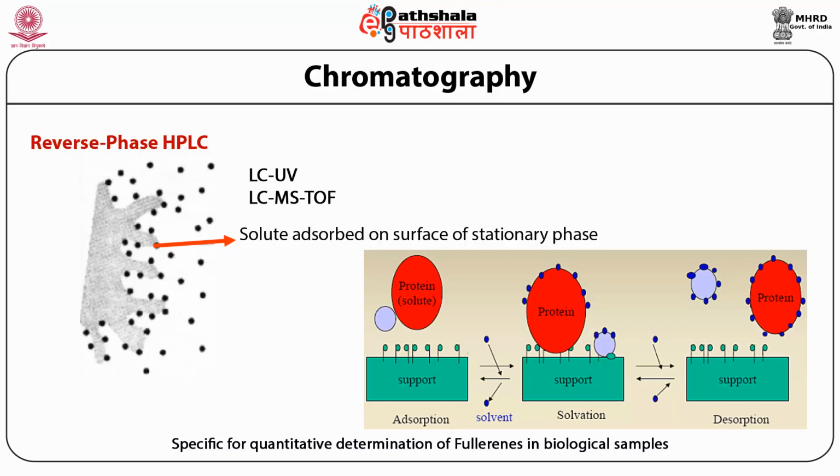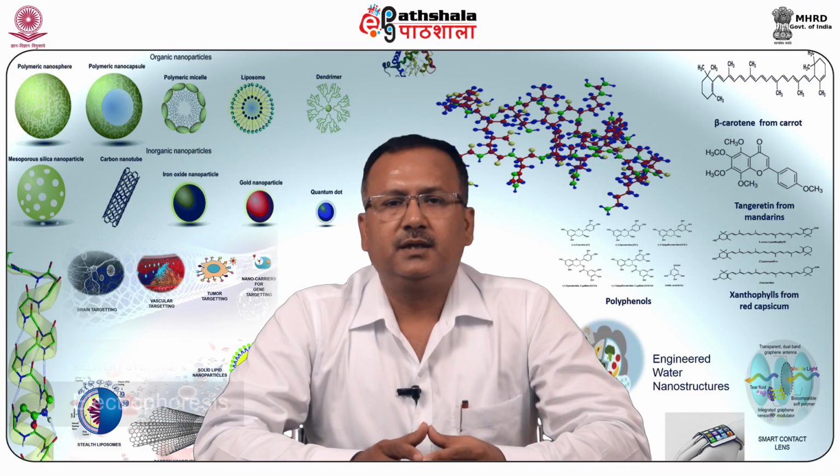So this method is especially convenient for quantitative determination of fullerenes in biological samples because they are lipophilic in nature. The fullerene peak is recorded by the time of flight detector or by the UV absorption detector because their characteristic wavelength lies in the range of 324 to 340.